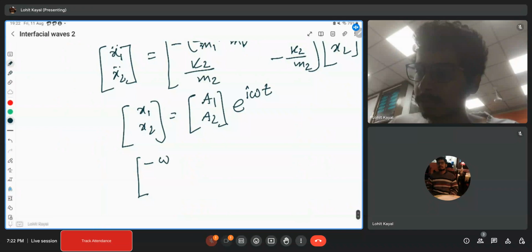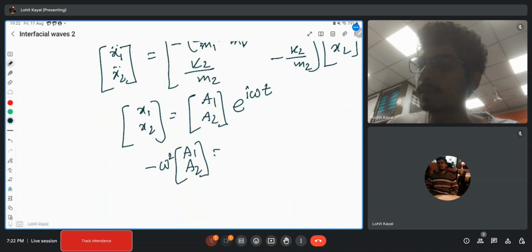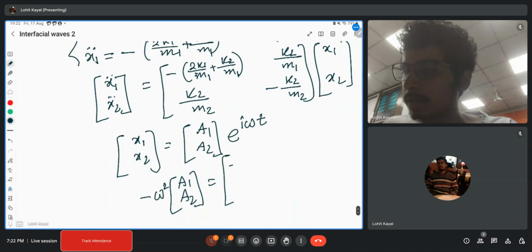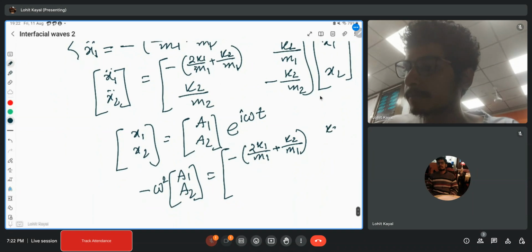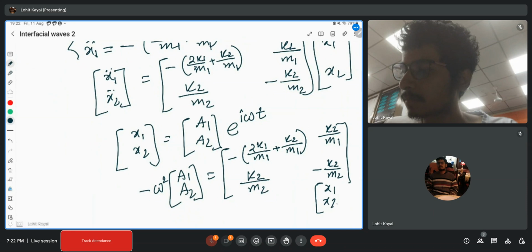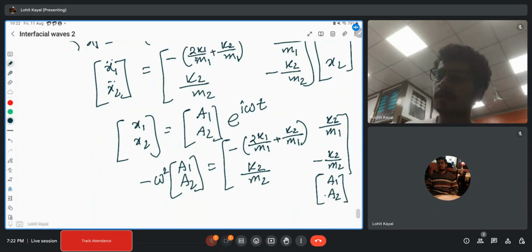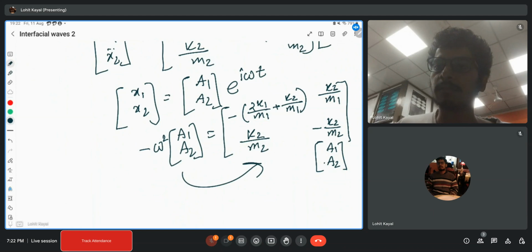It will be minus omega square a1 a2 equal to minus 2k1 by m1, and so on, not x1, x2, it will be a1, a2. Now you take it to this side and calculate the determinant.